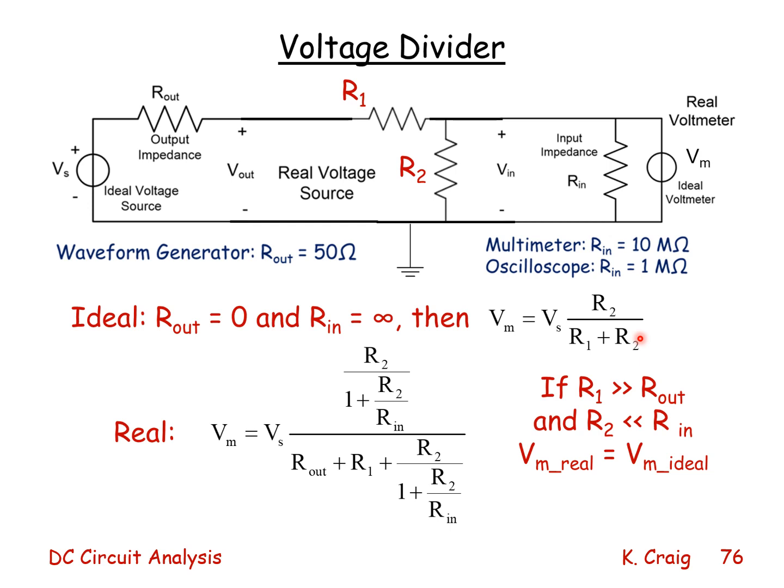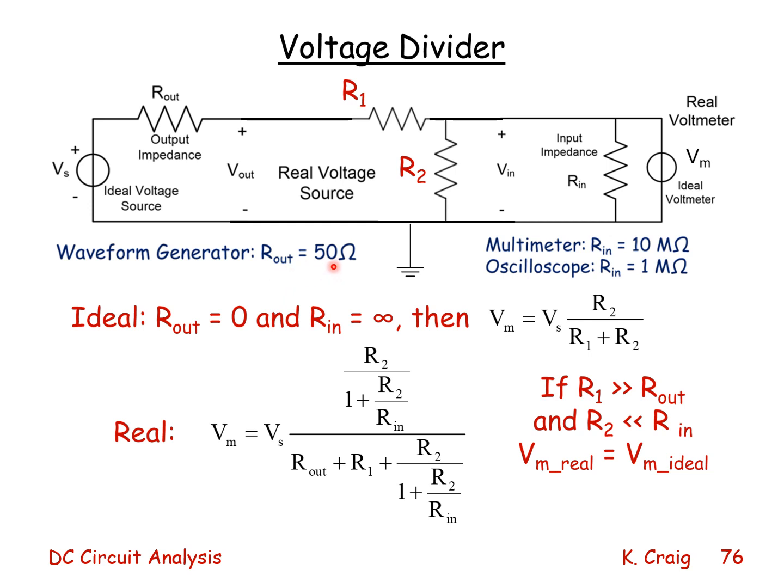However, for a real voltmeter, for example, a multimeter has an input impedance of 10 megaohms, while an oscilloscope has an input impedance of 1 megaohm. And a real voltage source, for example, a waveform generator, has an output impedance of 50 ohms.